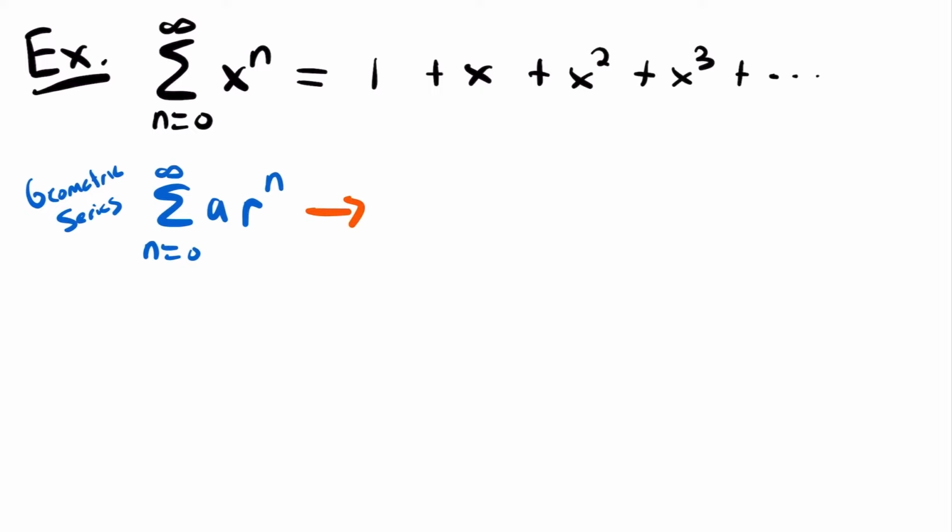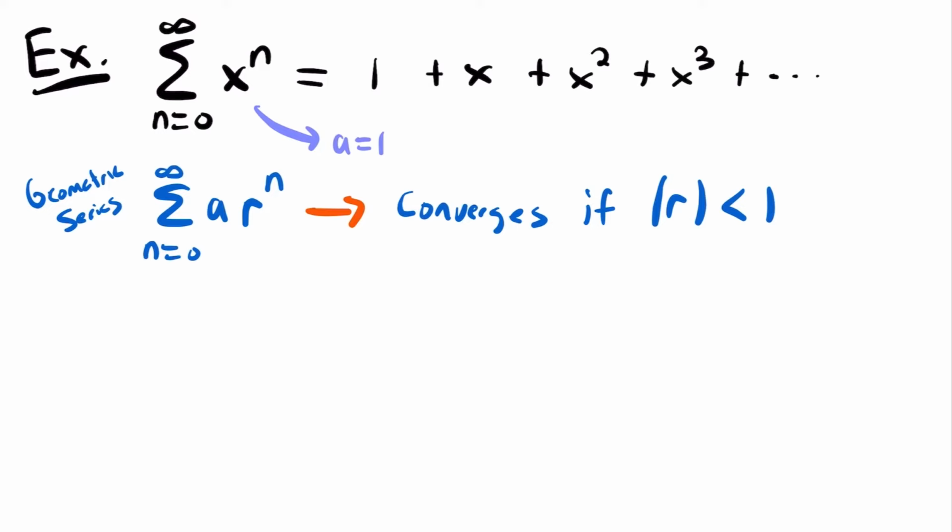We said that a geometric series converges if the absolute value of r is less than 1. And so if we're saying that for this power series, it is a geometric series where a is equal to 1 and r is equal to x, then this power series will converge if the absolute value of x is less than 1, right?